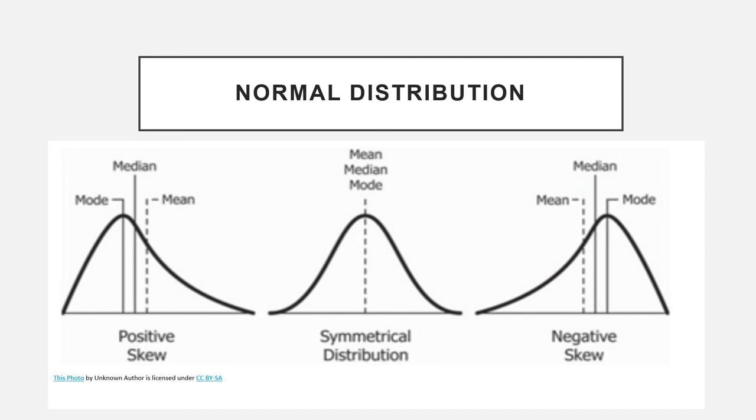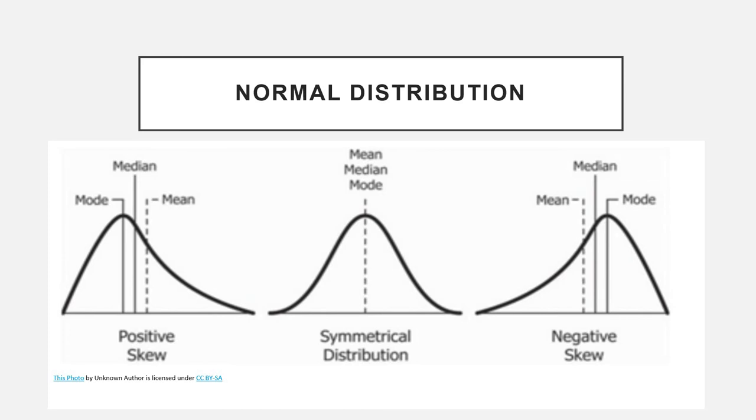While the symmetrical distribution is that the mean, the median, and the mode have the same values. The negatively skewed distribution is more on the right side, wherein the mode is greater than the median, while the mean is less than the median.